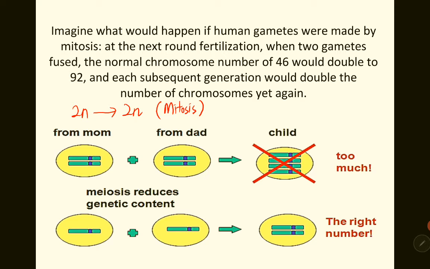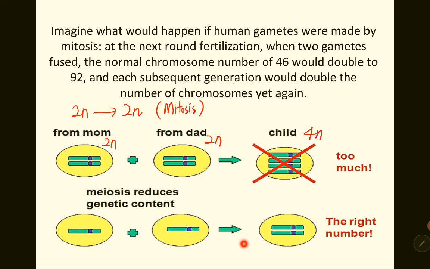But imagine if human gametes were made by mitosis. At the next round of fertilization, when two gametes fuse, our normal chromosome number of 46 would be doubled to become 92. Mom donates 2n, dad also donates 2n, so the child would have 4n chromosomes, which is too much.